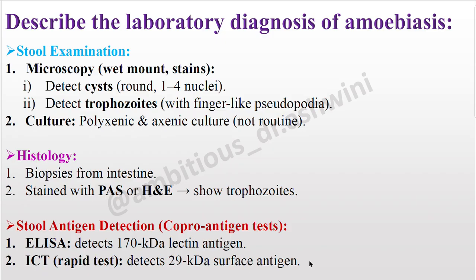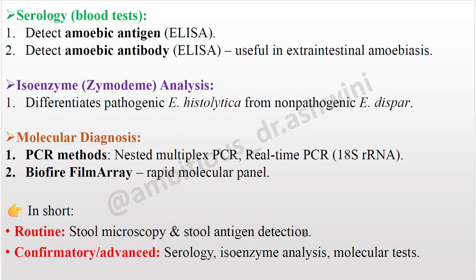Then serology is done, that is a blood test. Detect amoebic antigen by ELISA, detect amoebic antibody by ELISA, useful in extraintestinal amoebiasis. Then isoenzyme or zymodeme analysis is done, which differentiates pathogenic E. histolytica from non-pathogenic E. dispar.